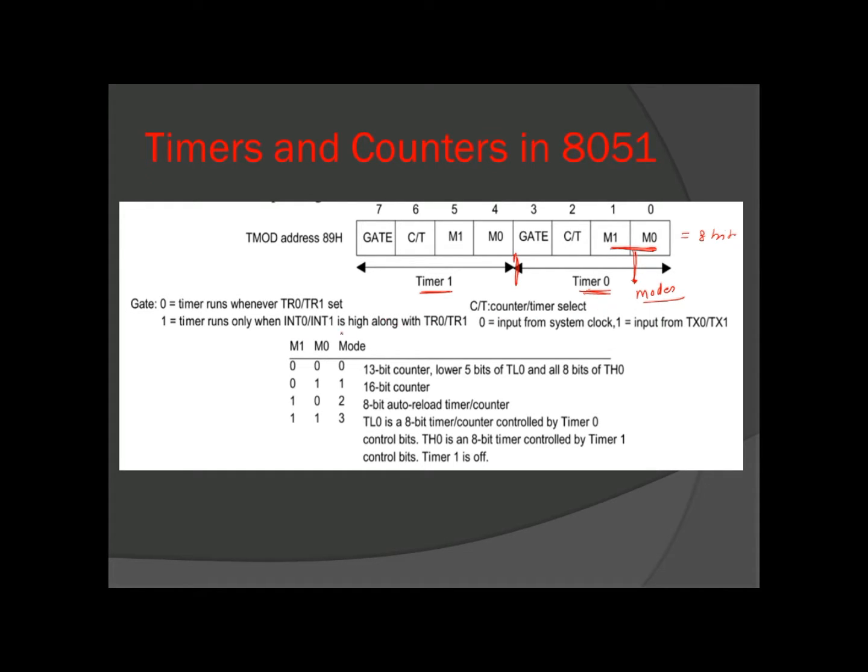There are four modes listed here. 00 is mode 0, which is a 13-bit counter. 01 is mode 1, which is a 16-bit counter and is mostly used.